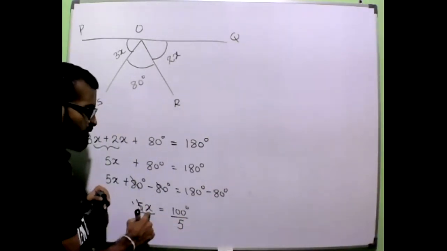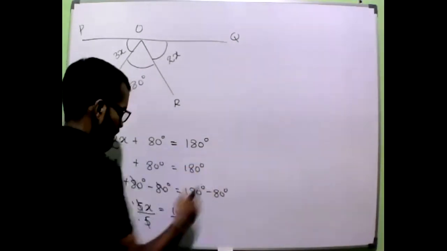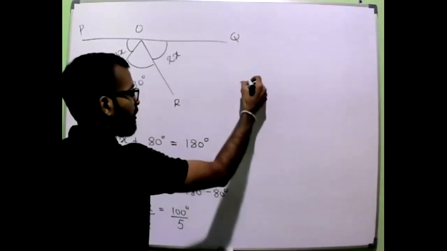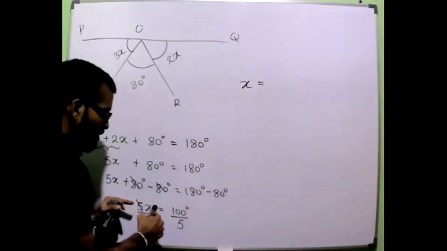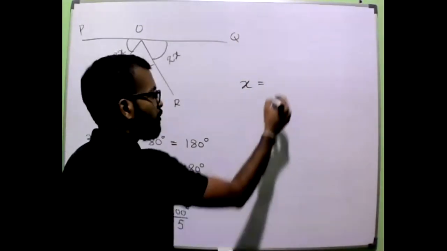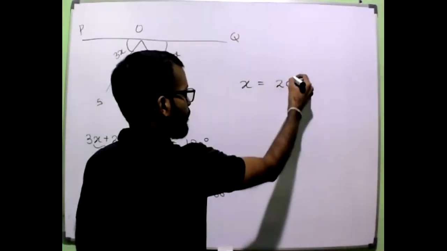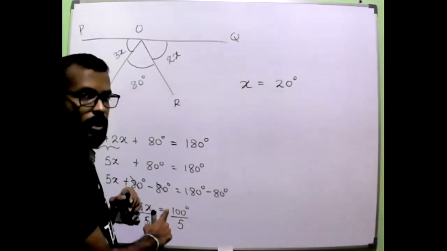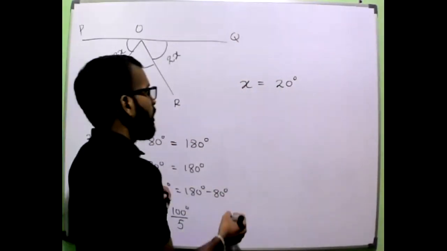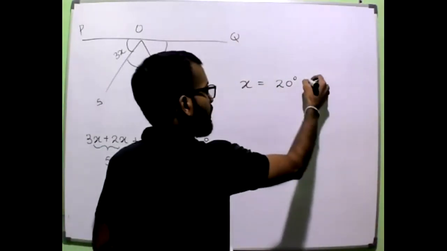So here you have x now, on the left hand side. The remaining term is x. x equals 100 divided by 5. It should be 20 degrees. If you divide 100 by 5, you obtain 20. Alright, now the value of x is found.